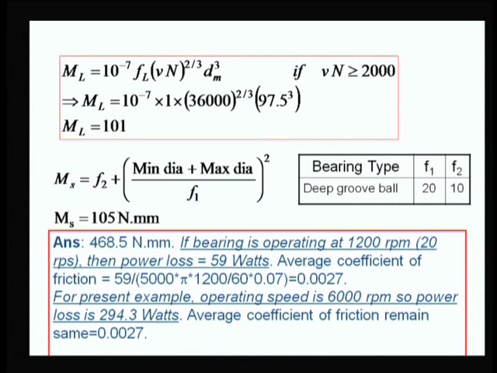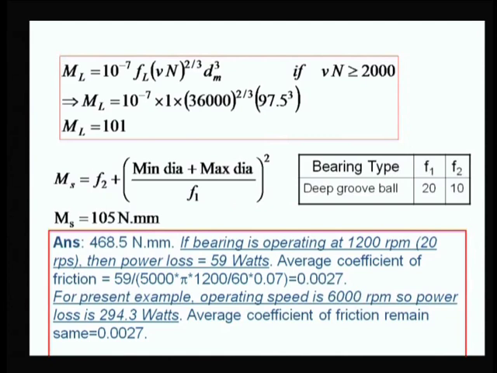Even if I go ahead with 6000 rpm, multiply by 5 in the numerator and divide by 5 again in the denominator, the 5 will cancel out, and the coefficient of friction still remains 0.0027. So this coefficient of friction should be compared to the coefficient of friction from the catalog, which will be utilized only for the load dependent component.